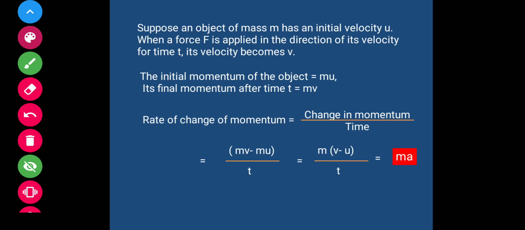Here m is common, so we take it out of the bracket: m in bracket (v minus u) upon time t. And everybody knows v minus u upon time t is nothing but acceleration. Acceleration is change in velocity upon time t.